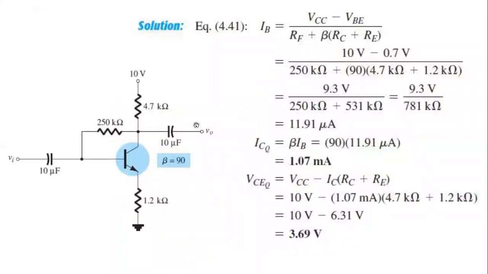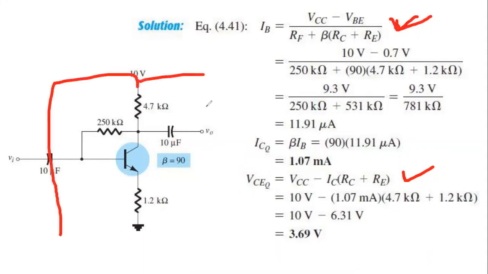You see how it is solved by yourself, because this equation is given here. They have applied these two equations directly, but we showed you how we got these two equations. We applied KVL on the input side and on the output side. From the input side we got the equation of IB, and from the output side we got the equation of VCE, the collector to emitter voltage.